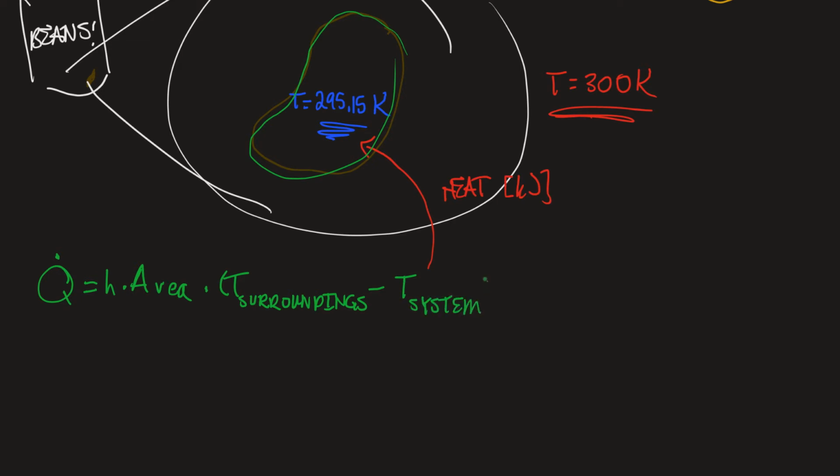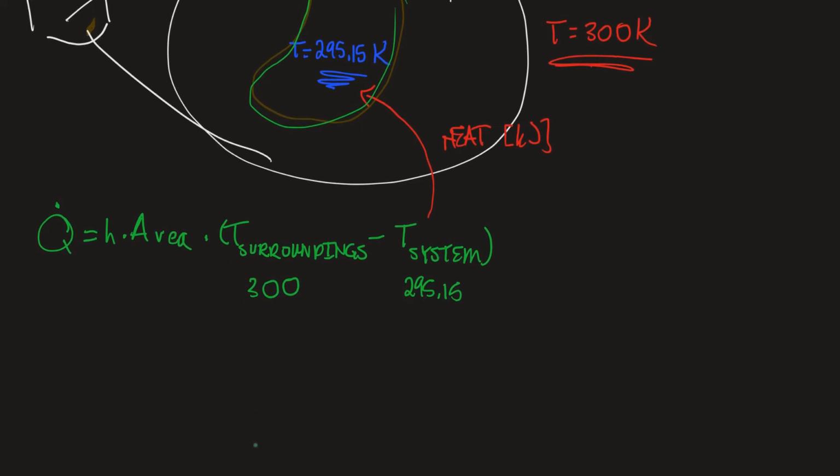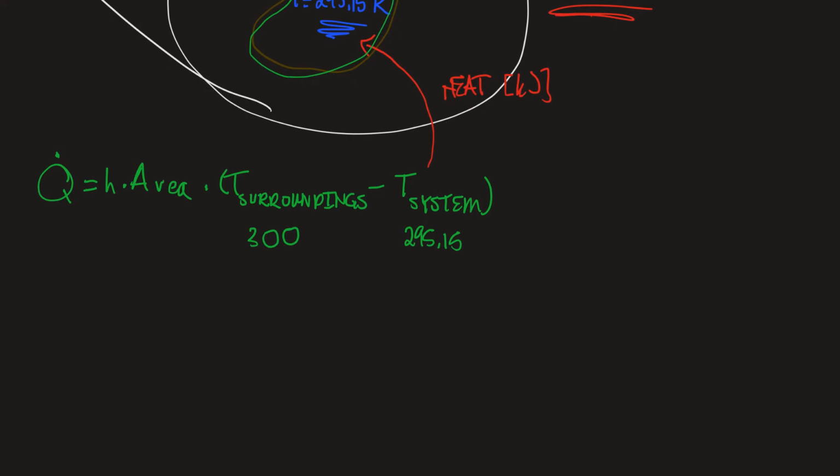So if we're just looking at this bean, then this would be the 295.15, and this would be that 300 Kelvin. And so this causes heat to be transferred into the system. And there's also different types of heat transfer.